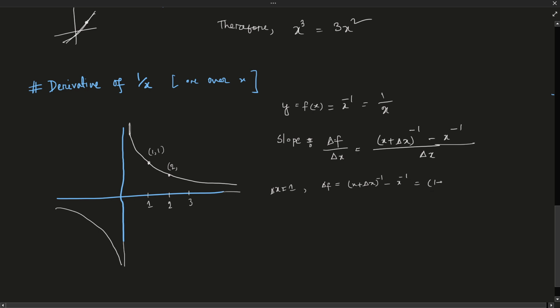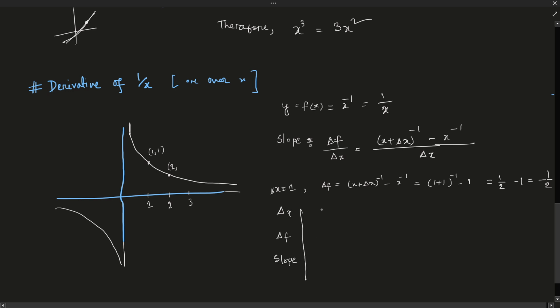So it's 1 plus 1 inverse, as our x is 1 and our del x is also 1, minus 1. The inverse of 1 is actually 1, so then it will be half minus 1, equals minus half. So del x, del f, and then slope.